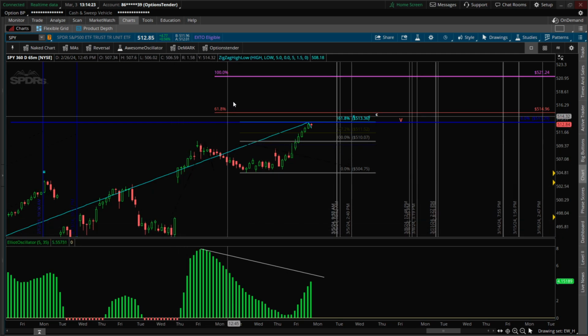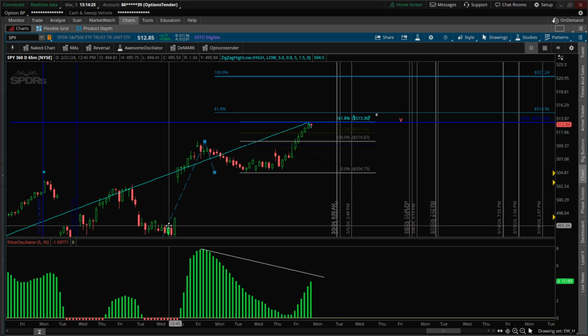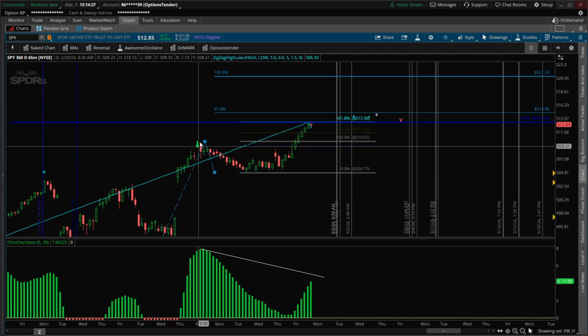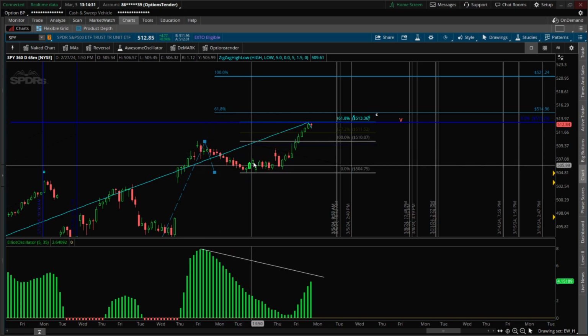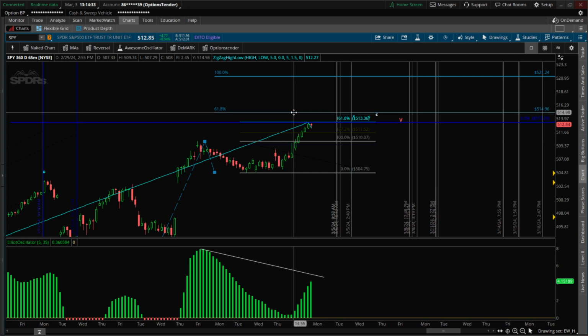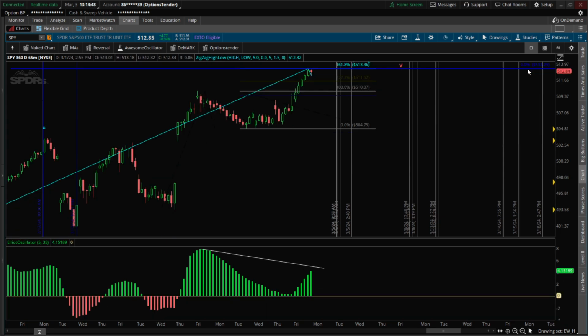We take the size of wave 3 and extend it from the bottom of wave 4, and we have 62% of wave 3 right at the 515. Right at that 515 area. So you'll see the significance of this when we go to the traditional technical analysis, and I'll show you exactly what we're looking at right now. So remember 515.